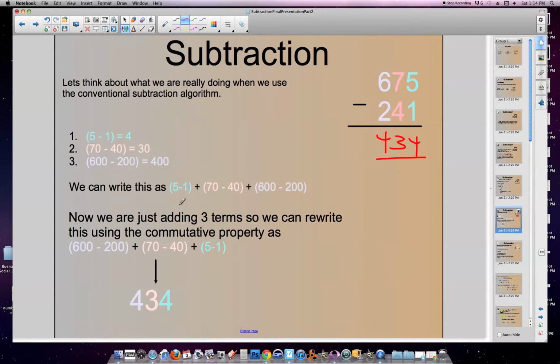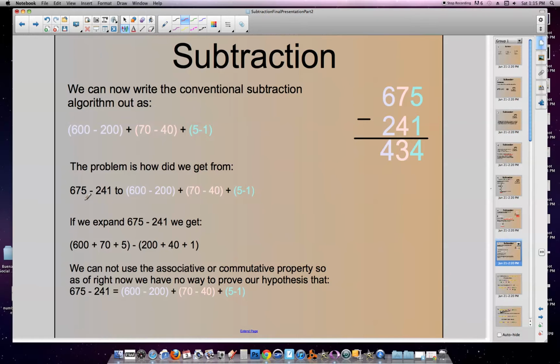So, without performing the actual subtraction, we have 5 minus 1, the ones place, plus 70 minus 40, the tens place, plus 600 minus 200. Or we can rearrange these three terms to put it as 600 minus 200, plus 70 minus 40, plus 5 minus 1. Which does, in fact, give us the correct answer, 434.